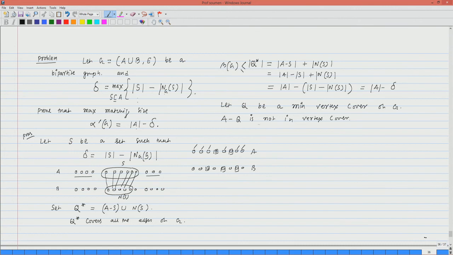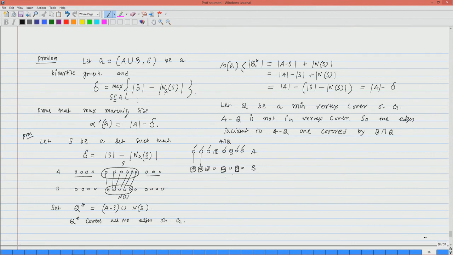Well, so the edges incident to A minus Q, that means the edges from these vertices, must be covered by B intersection Q. So, these two vertices are basically A intersection Q, and these are part of Q, the square vertices.